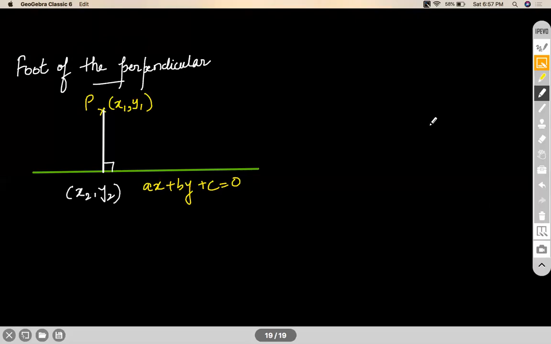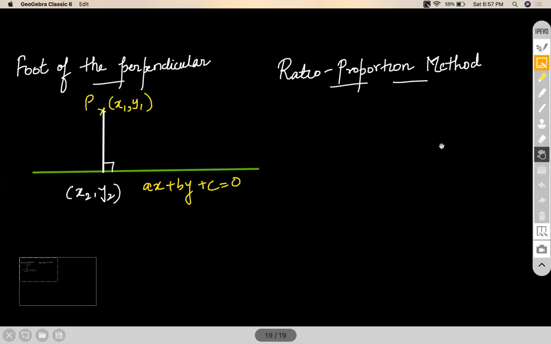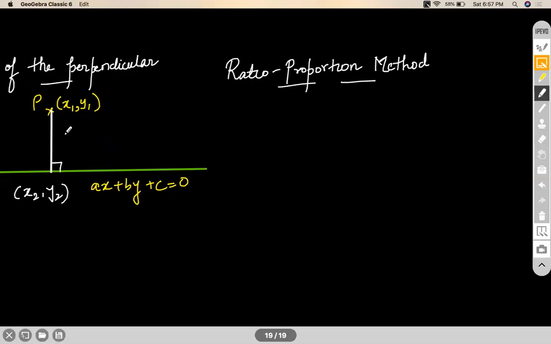Now to derive this formula, I will use an approach called the ratio proportion method. Now I'll explain this method. First of all, can I say that the slope of PM into the slope of this line, which is minus a by b, will be equal to -1 because they are perpendicular.